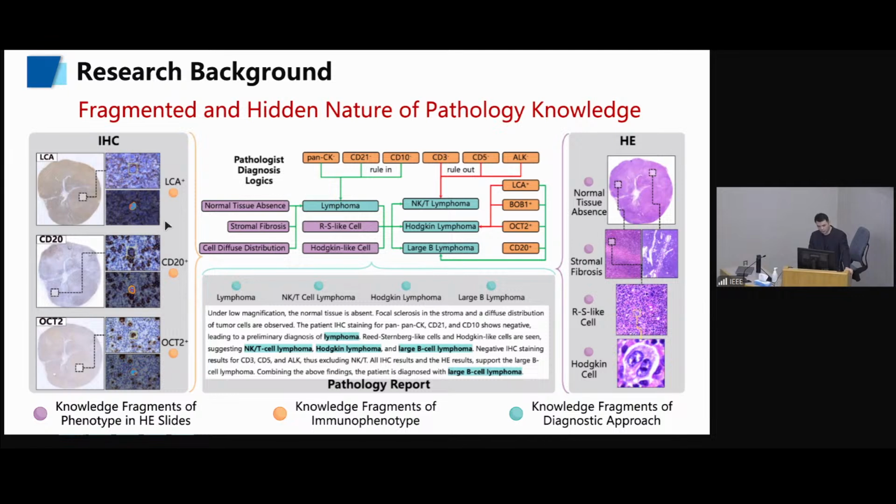The circles with different colors represent knowledge fragments related to phenotypes and diagnostic expertise of pathologists. The fragmented nature of pathology knowledge hinders its suitability for computational analysis, thereby preventing artificial intelligence methods from fully leveraging the expertise encapsulated in pathology data.